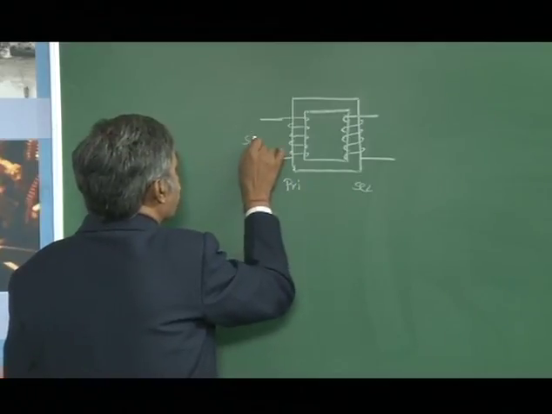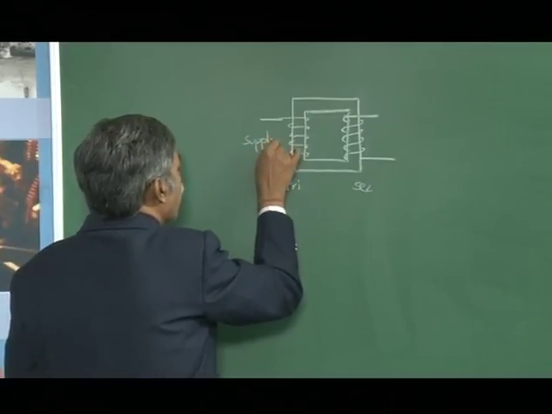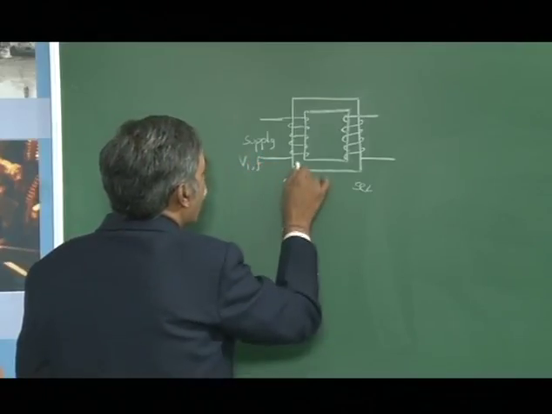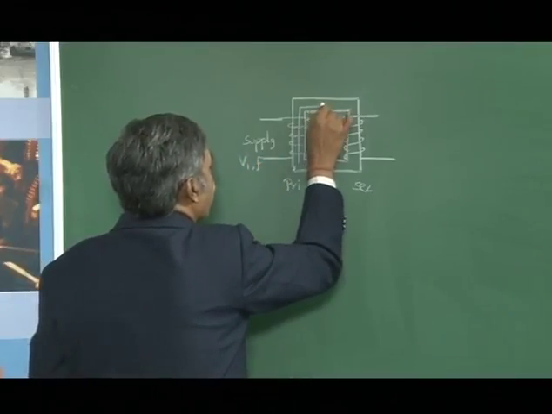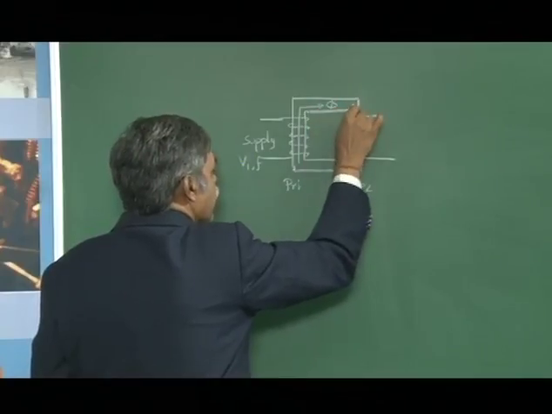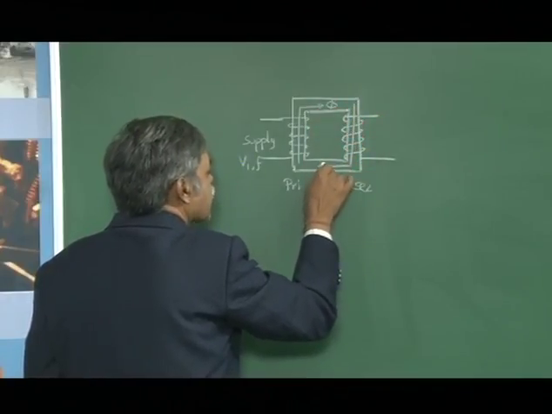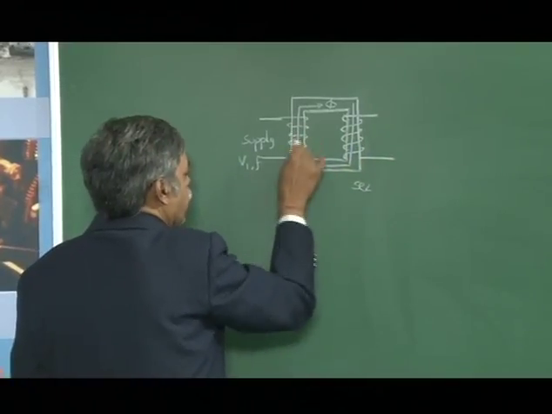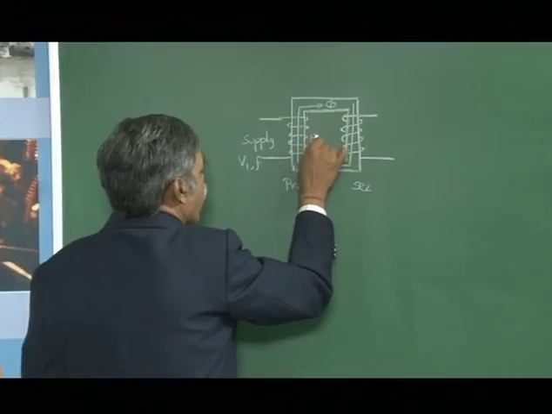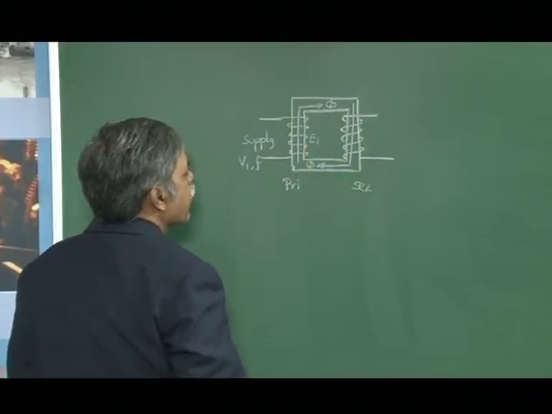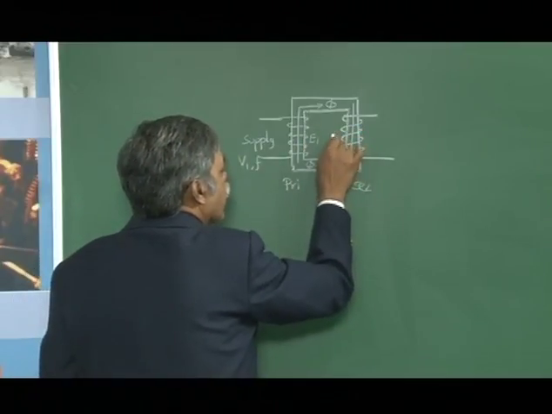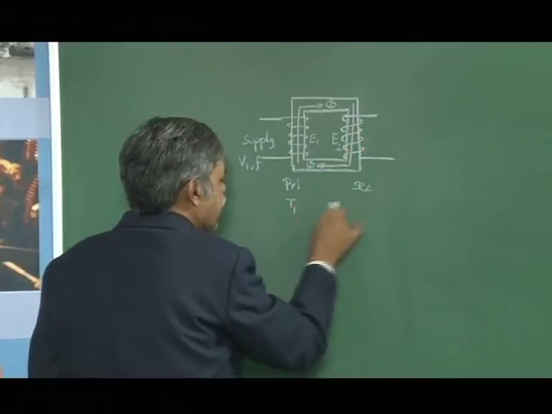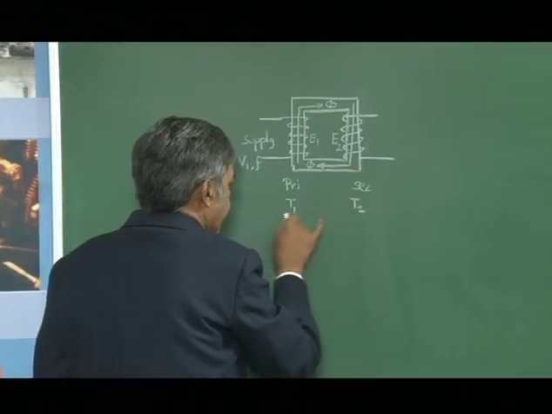I am connecting a supply to the primary with a voltage of V1 at a frequency of F. Now this will set up a flux of phi Webers in the core. That flux links with the secondary winding, and of course it also links with the primary, giving a voltage of E1 induced in it, and the same flux will induce a voltage of E2 in the secondary, with the primary having T1 turns and the secondary having T2 turns.